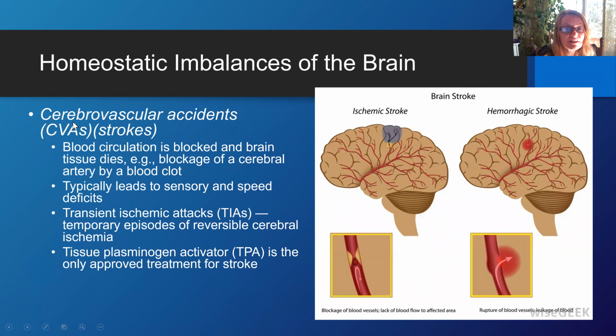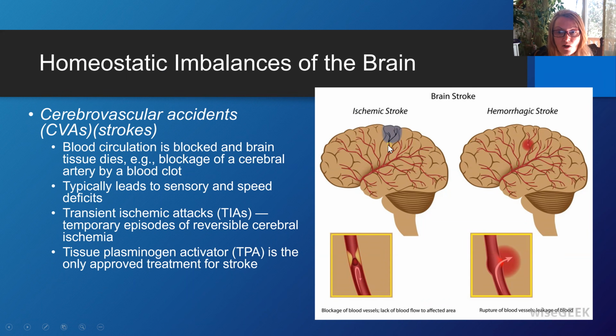Then we have cerebrovascular accident, or what we call stroke, or CVA. Now, this happens when blood circulation is blocked and brain tissue dies. So it can be blockage of arteries by a blood clot. So if you see over here, for example, we can either have an ischemic stroke.